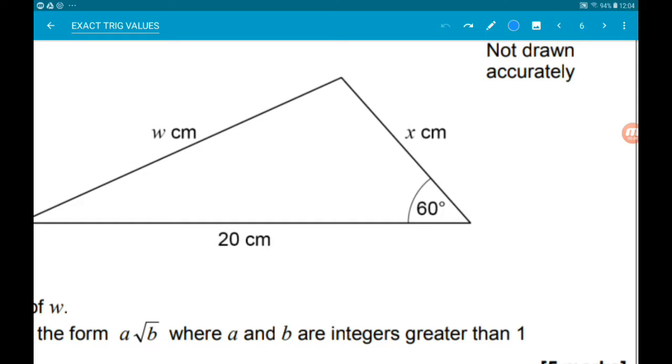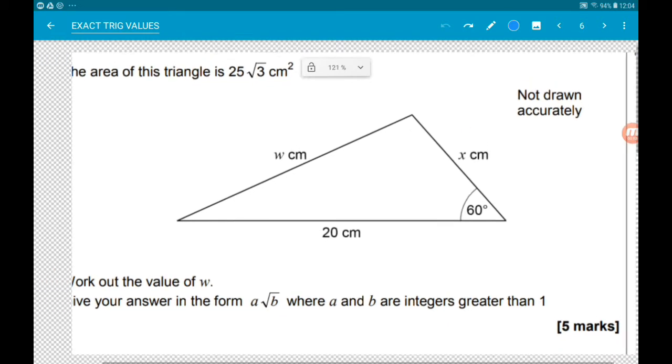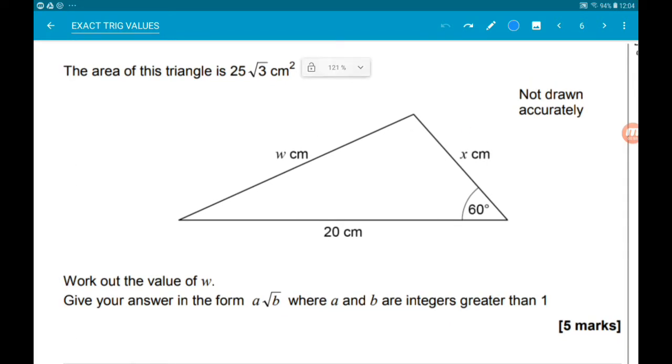So what are we going to do here? Well, there's a bit of forming and solving equations here. Because we know what the area is numerically, that is actually going to allow us to work out the value of x.